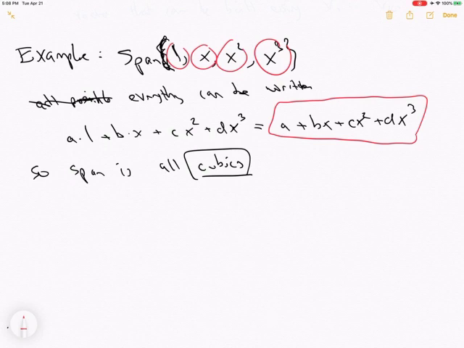So the span of these 4 things, which you can think of as functions, the span of these 4 functions that I circled in red gives you all possible cubic polynomials. So that is an example.